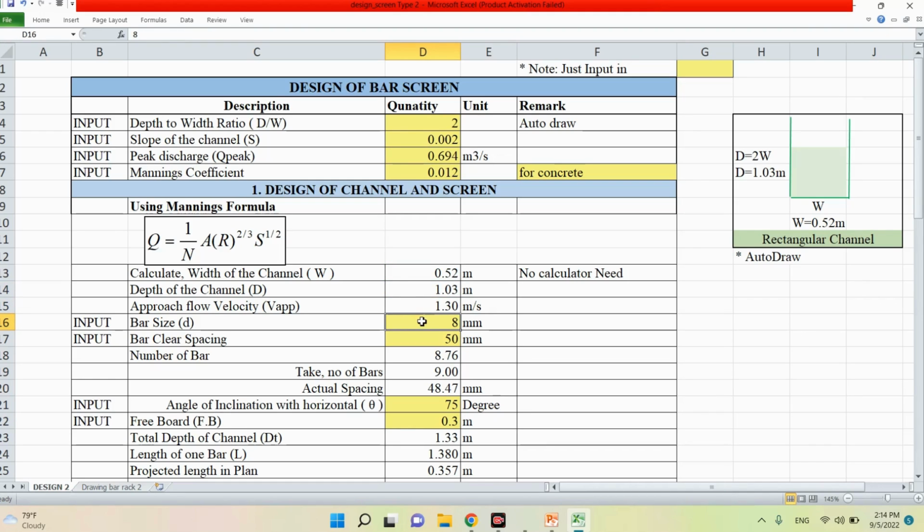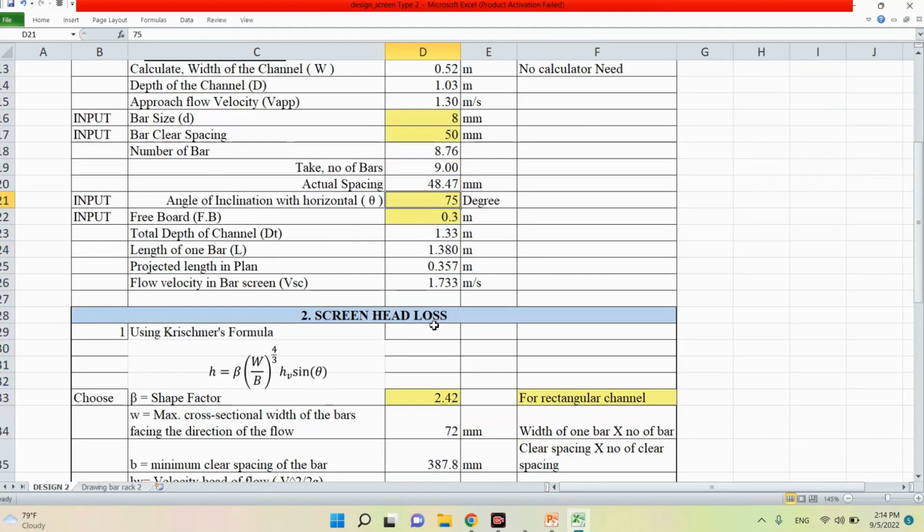We have to input the bar size, which is 8 millimeters, and the bar clear spacing, which is 50 millimeters, and the number of bars is calculated as 8.76. We round it up to a greater number, which is 9, and the actual spacing came out to be 48.47 millimeters.